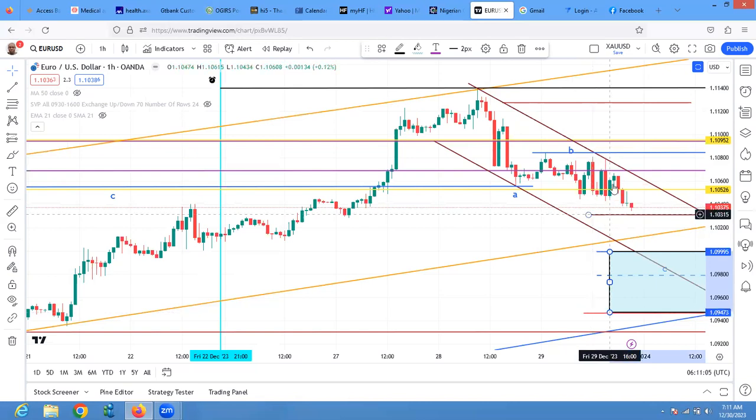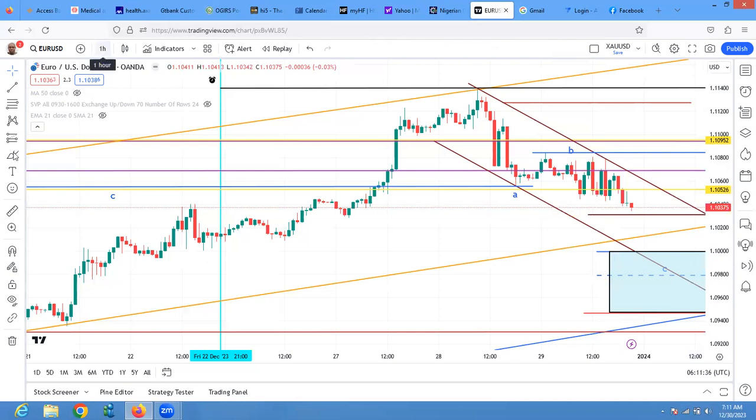So once price breaks through, we may be going down to violate 100, and this may be around the place you can look for your order, maybe around 1.09500 to the upside.